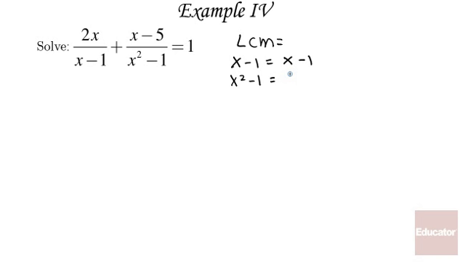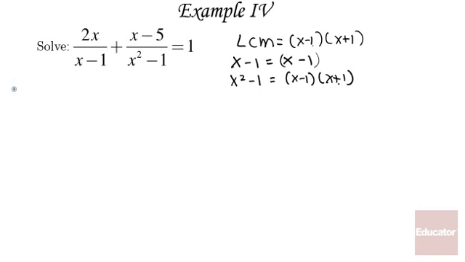The difference of two squares equals x minus 1, x plus 1. So the LCM is going to be x minus 1. I already have that accounted for here, but I have an x plus 1 that's unaccounted for. So this is the LCM. In this case, the LCM is actually equal to this second denominator. So I don't really have to do anything with that.